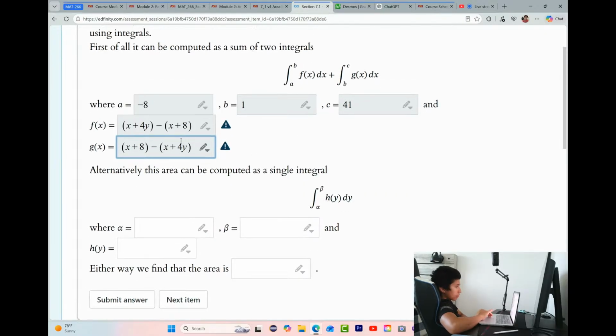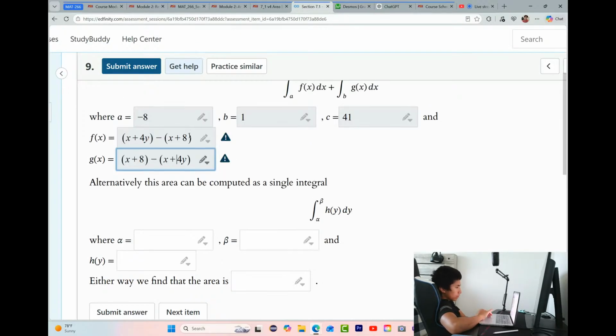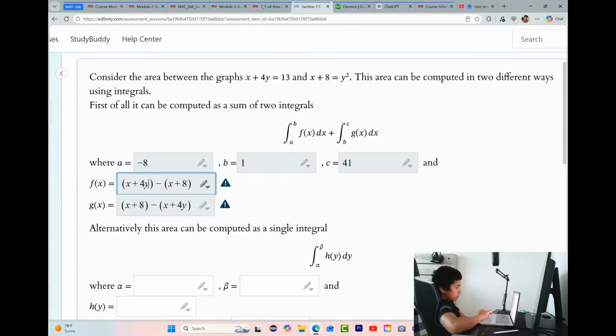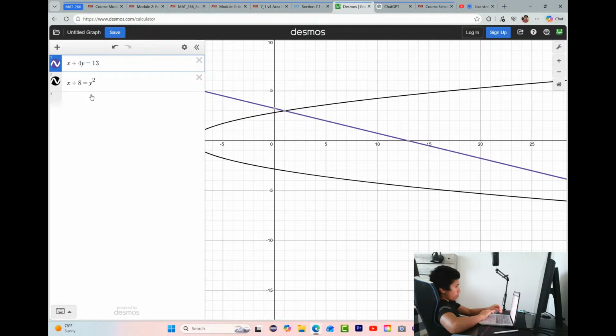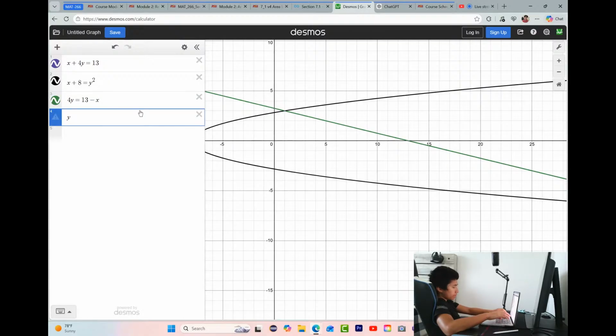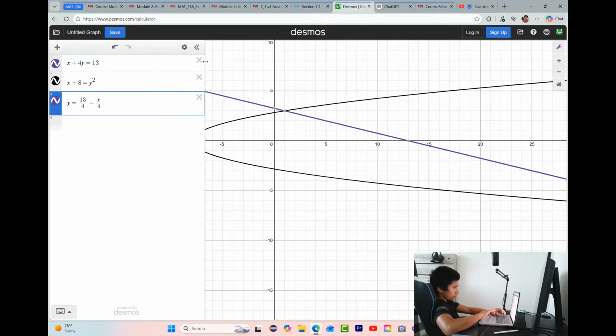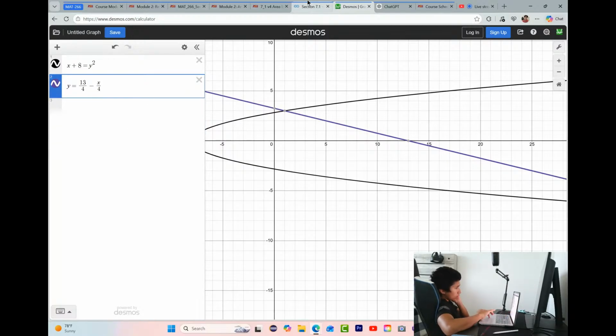And why is this wrong? Oh, I see. So we have 4y equals 13 minus x, and we have y equals 13 over 4 minus x over 4. Same thing.